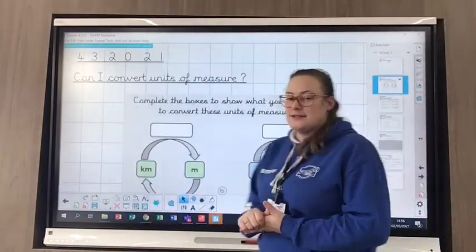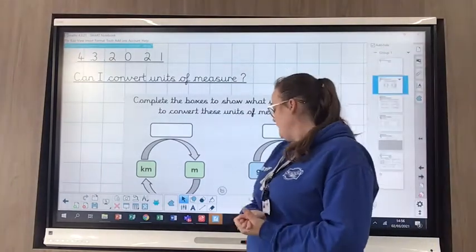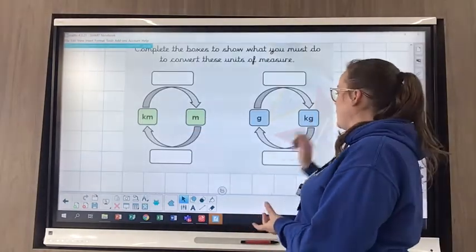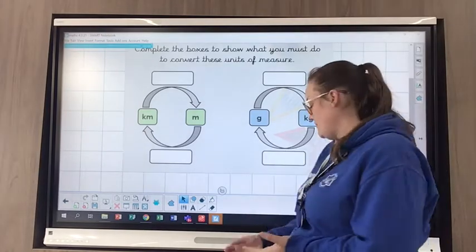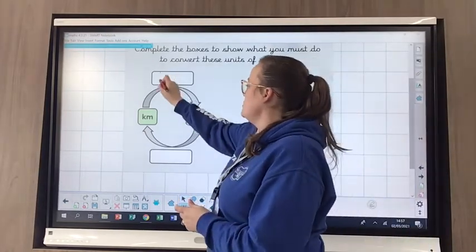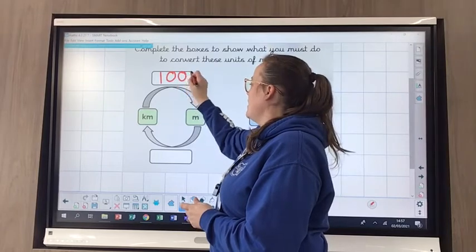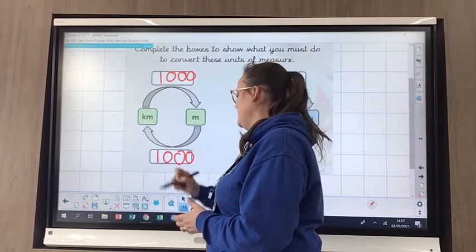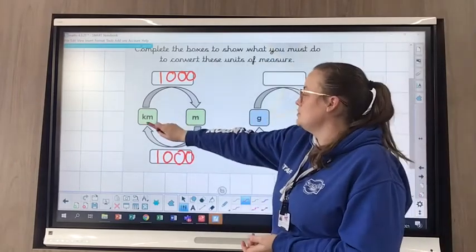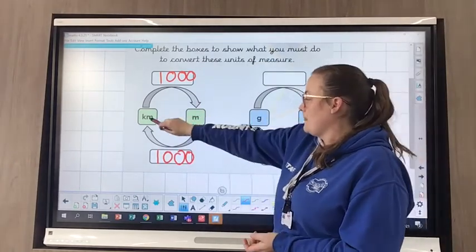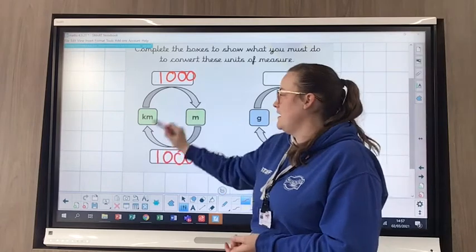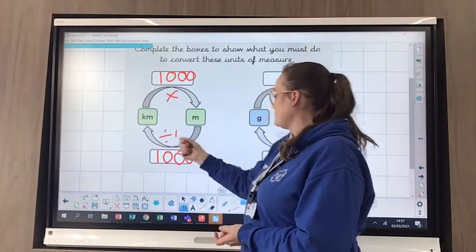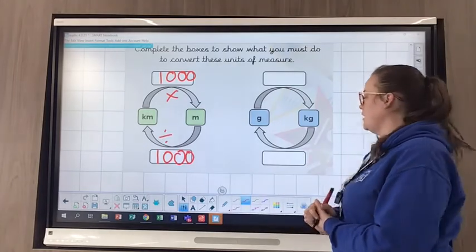Okay, so yesterday we were looking at converting metres and kilometres, and today we're going to work on grams and kilograms. Now we know that we are multiplying by that key number of 1,000 or dividing by 1,000. The same goes when we're working in grams.